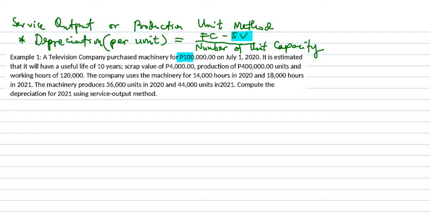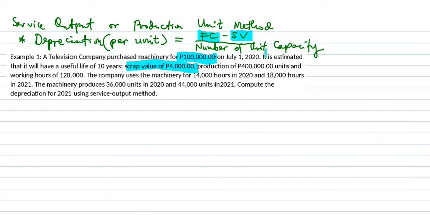So definitely this 100,000 will be our first cost. Then we have minus salvage value. It is estimated that it will have a useful life of 10 years, scrap value of 4,000. So this 4,000 is our scrap value, which is our salvage value. So we already have our first cost minus salvage value.